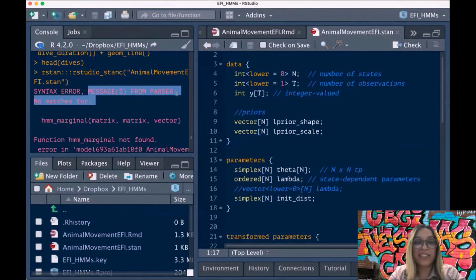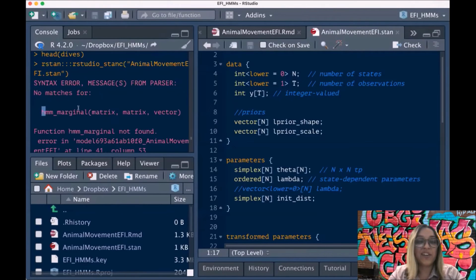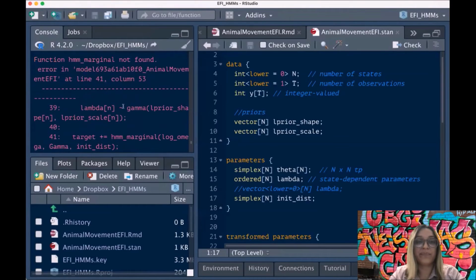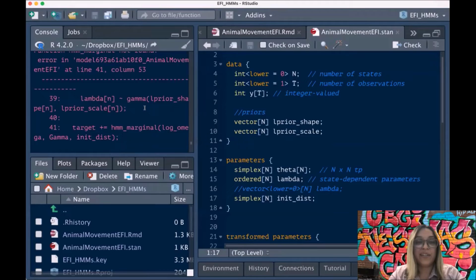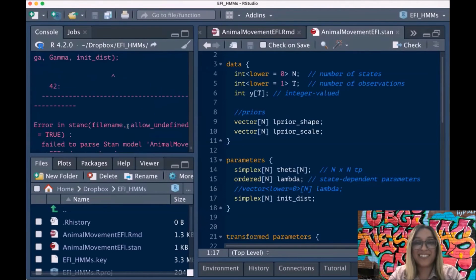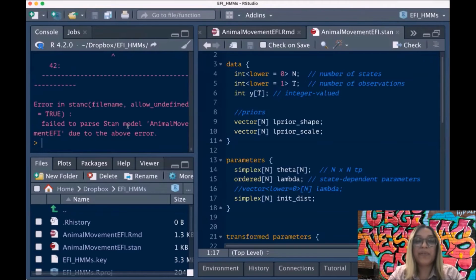There's a message from the parser. It says it doesn't know what hmm_marginal is, which we'll discuss in a second. This function isn't found, it doesn't like it, and so on. So there's all these error messages here, which you'll have to disregard. Because we're using cmdstan, the HMM functionality is only in cmdstan and isn't in RStan. So if you try to check if your Stan code is correct, it's going to tell you that it's not, but it actually is.